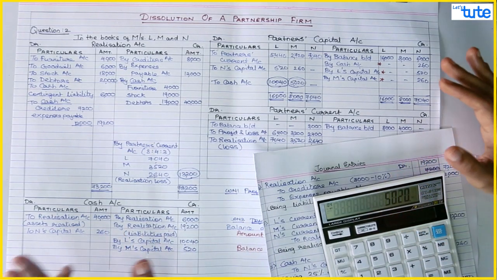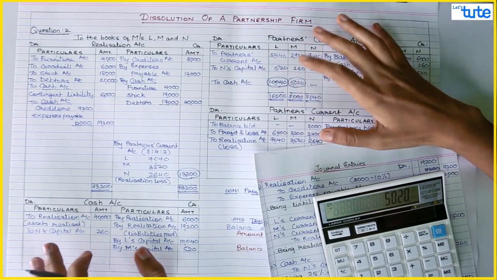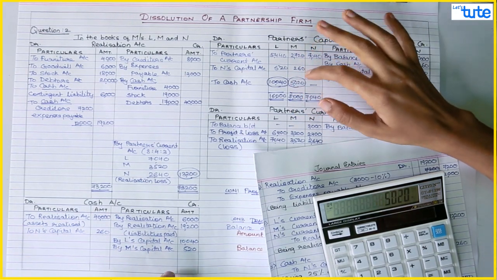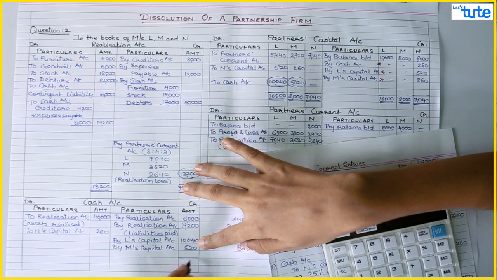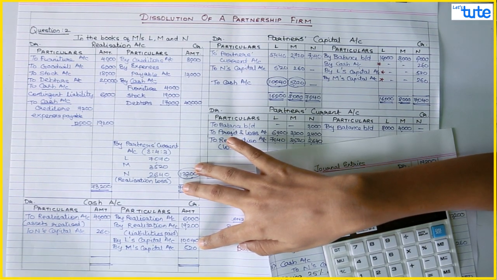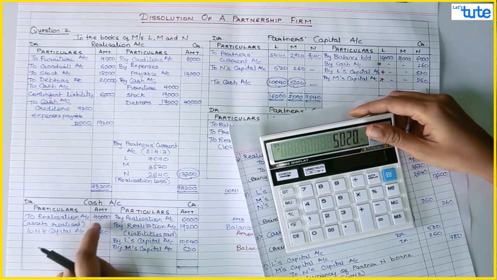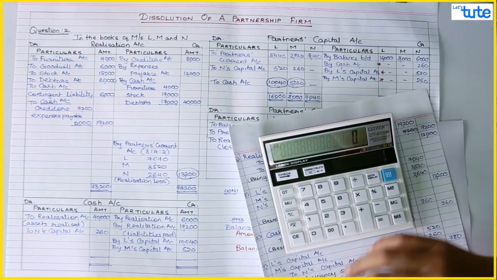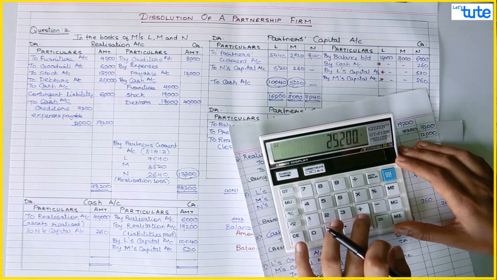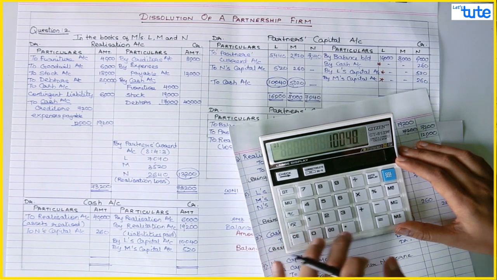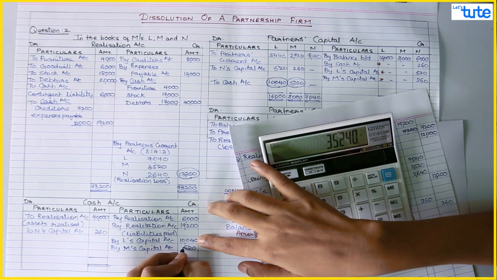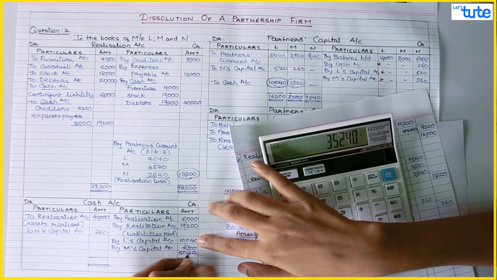And finally, all your payments are done to the partners, the liability holders, and everything is done. And now your cash account should tally, should get closed, because whatever the amount remaining must be paid off. So this is 40,000 and 260. We'll just check this. 6,000 plus 19,200 plus 10,040 plus 5,020.